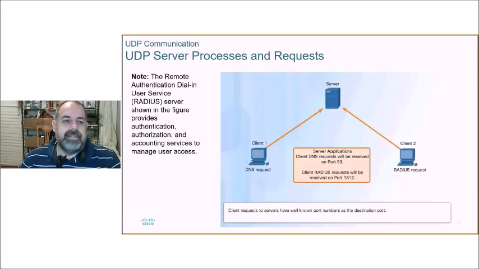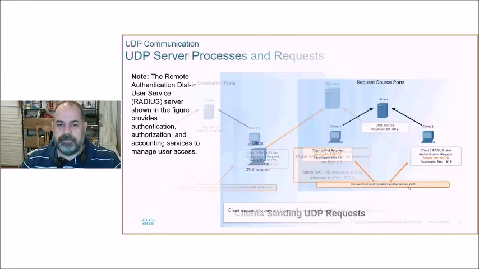Okay, so UDP server processes and requests. The Remote Authentication Dial-In User Service, or RADIUS service shown, provides authentication, authorization, and accounting services to manage user access. It's listening on port 1812. Client requests to servers have well-known port numbers as the destination port.